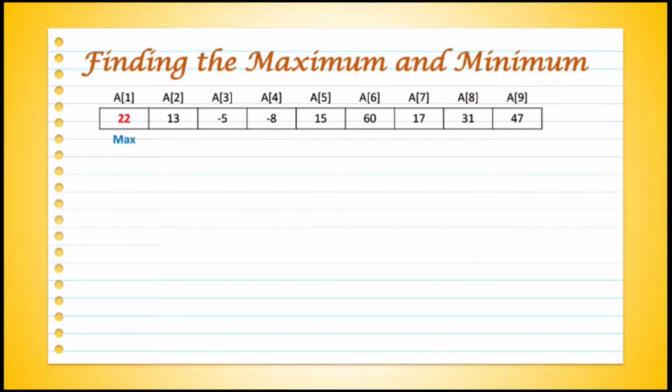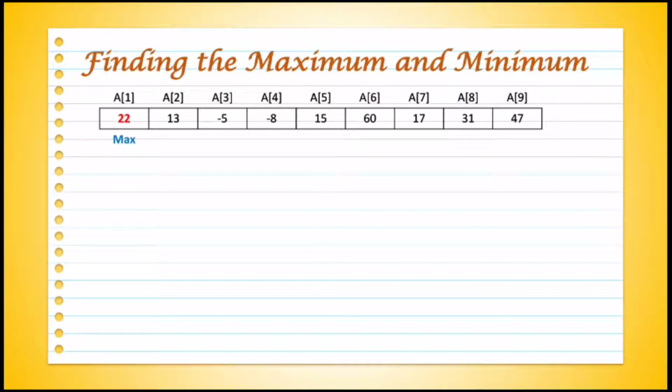First we will compare the max value with the second element. The value of max is 22 and the second element is 13. So is 13 greater than max? No, the max is greater. So we will keep the max value as it is.